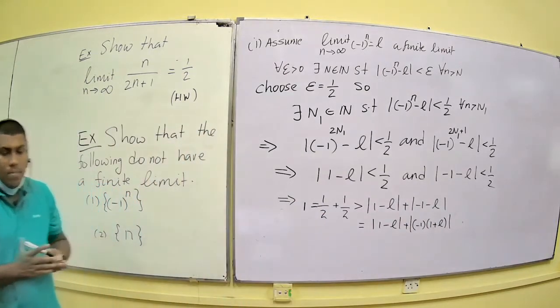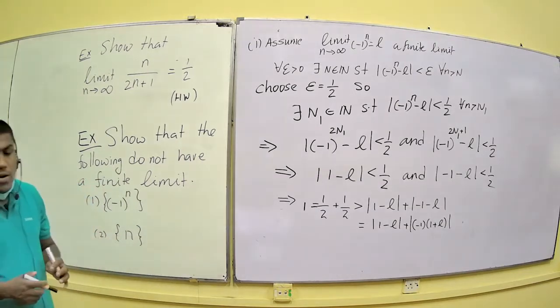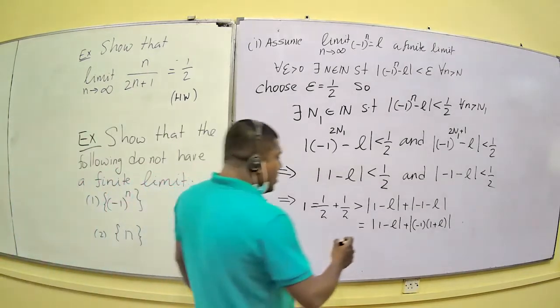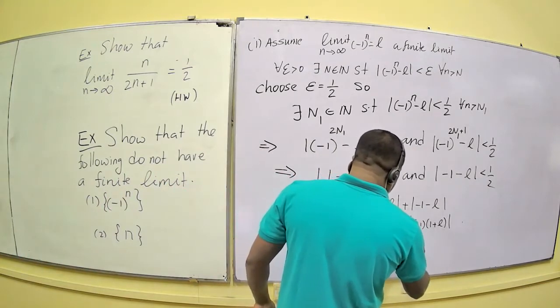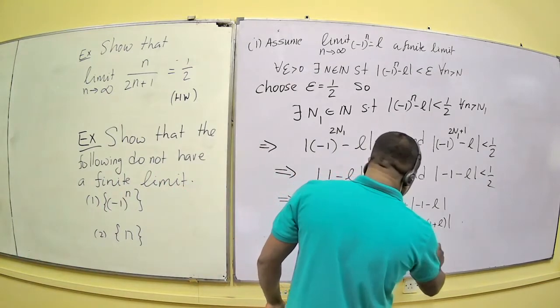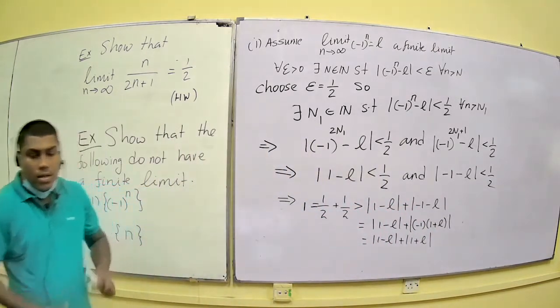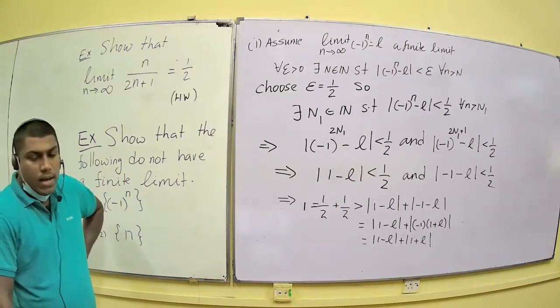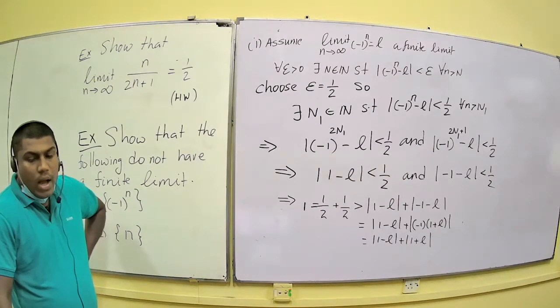Factor out the minus 1 from the second term; inside the absolute value, the minus becomes plus. So it is |1 - L| plus |1 + L|. When you take the minus 1 out, it becomes plus 1, so you get 1 plus L, and here you get 1 minus L.